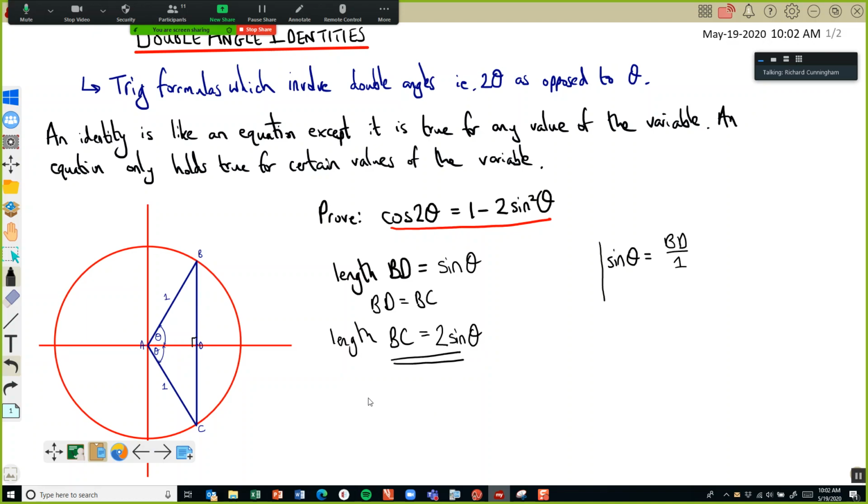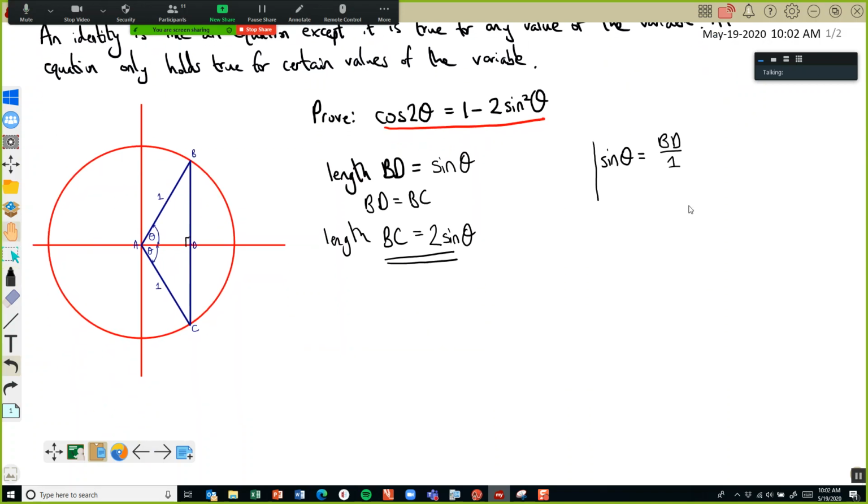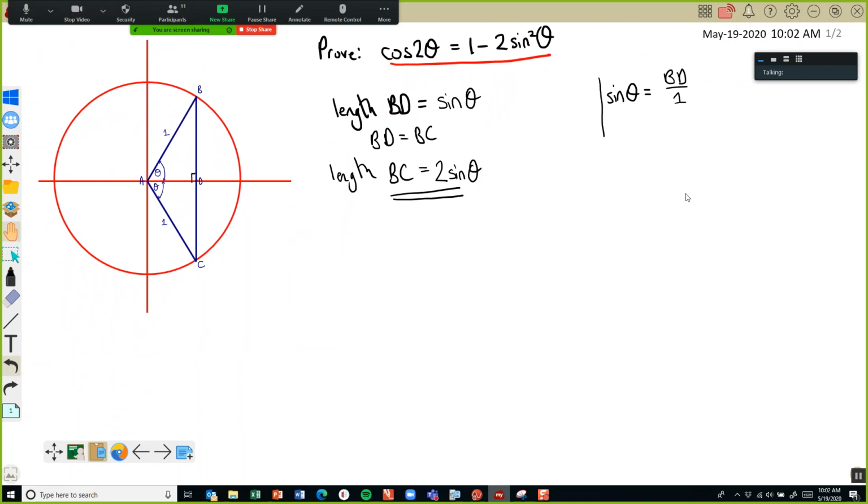Okay, the next thing we're going to do is look at BC, but we're going to use the cosine rule. So perhaps if I redraw. So I'm going to take my blue triangle. Let me just redraw.